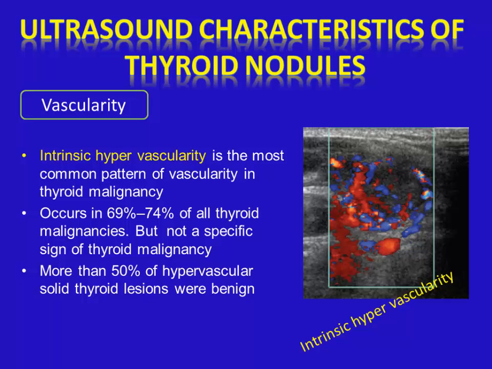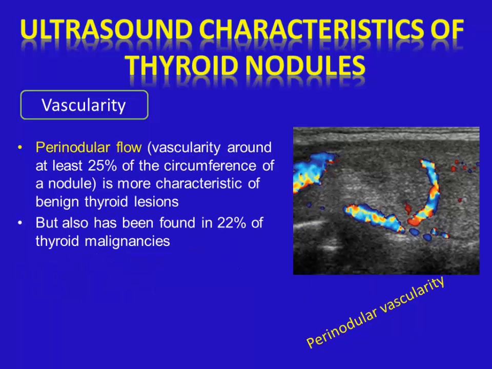Vascularity. After we finish our examination, usually we turn on the color Doppler to see what the vascularity of the nodule is. The most common type of vascularity that we see inside a malignant nodule is the intrinsic hypervascularity. But keep in mind that not all hypervascular lesions are malignant.